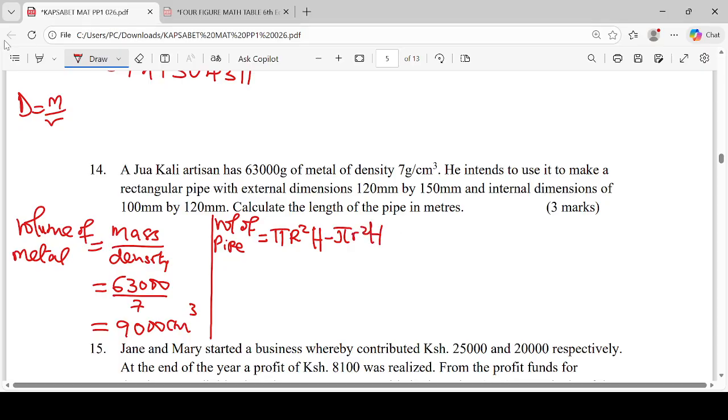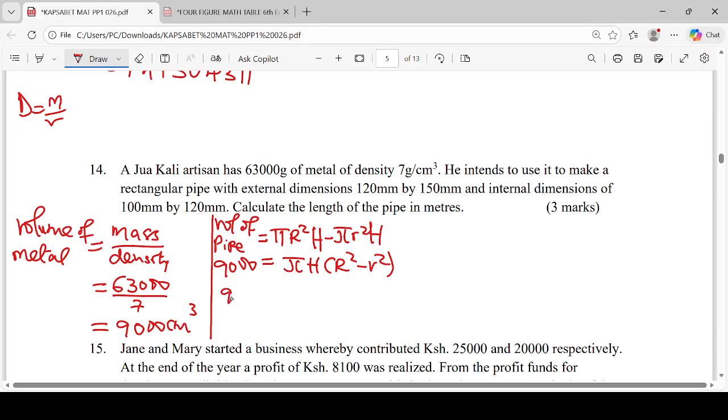So in this context, because height is the same, this is like just saying pi h into r squared minus r squared to give you the volume of the pipe, which is equivalent to 9,000, because the volume of the pipe is equal to the volume of the metal.